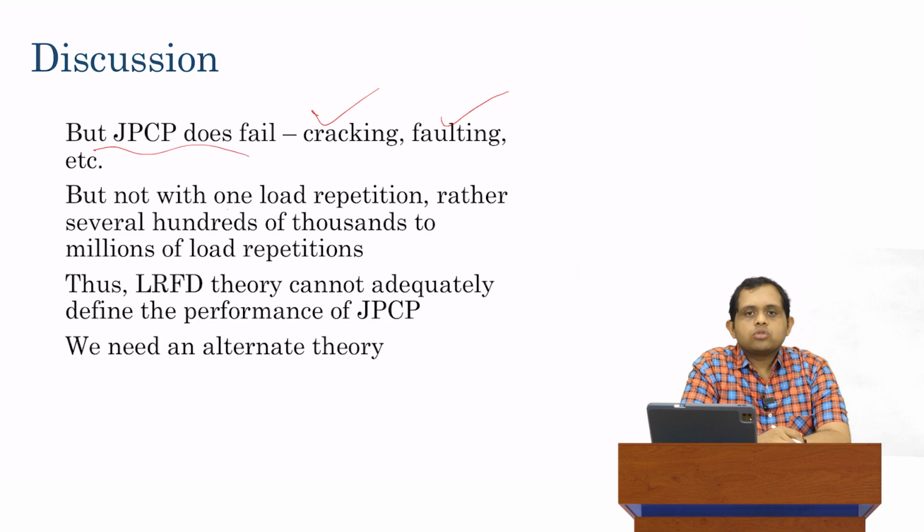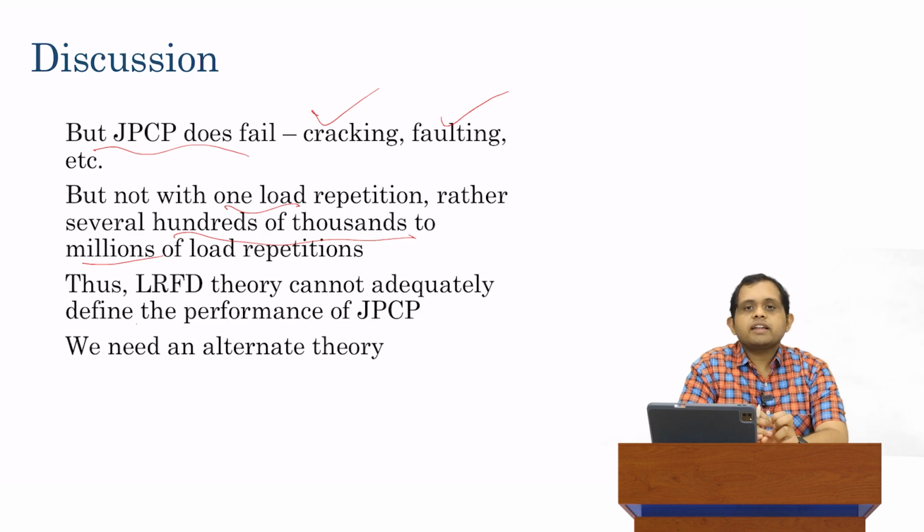One vehicle or one pedestrian walking over the JPCP road is not going to lead to deterioration and complete destruction of the road. It takes not one repetition, but rather several hundreds of thousands to even millions of load repetitions to actually start getting some cracking, faulting, or some distress developing in the JPCP.